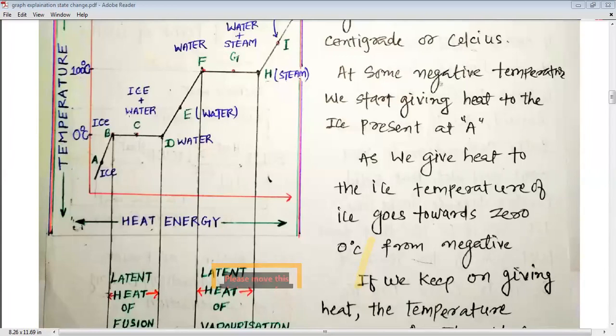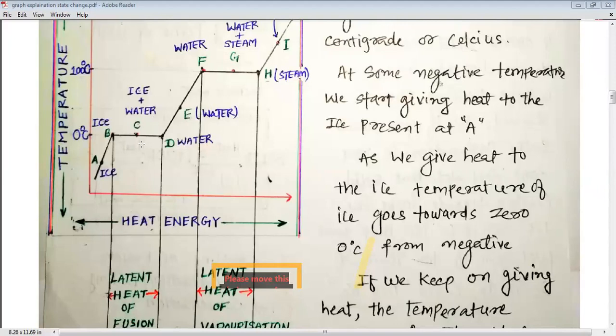Even at point C, if we keep on giving heat energy from point C to point D, more and more ice is converted into more and more water. Therefore, from point C to point D, we will have more water and less ice. When we keep on giving energy, we reach point D. At point D, we have a full 1 kilogram of water.